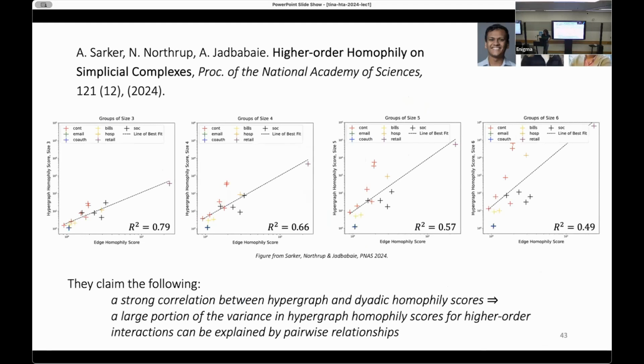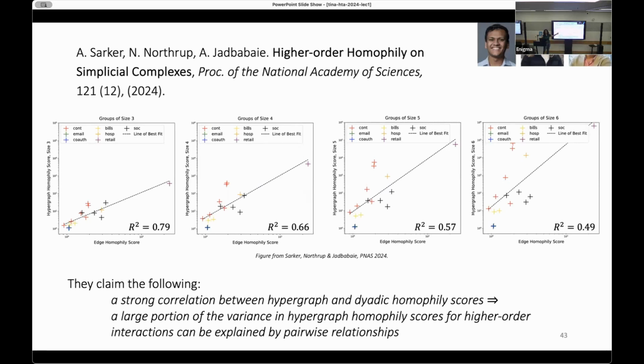So what was their beef with the Kleinberg paper? What they showed with the Kleinberg paper was that the edge homophily that you get if you just have a graph is highly correlated with the edge homophily that you get based on their hypergraph homophily.